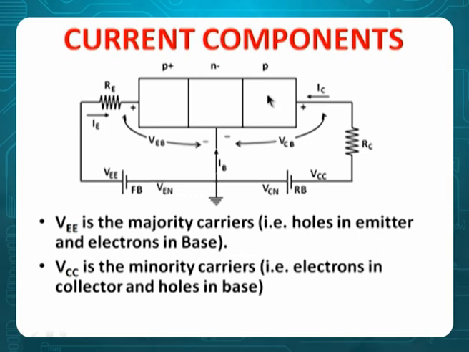Electrons in the collector, holes in the base. So ultimately, at the input side, emitter junction, two majority carriers, at the output side, two minority carriers. So how are all these carriers contributing to the overall current? We need to see that. That's called current components.